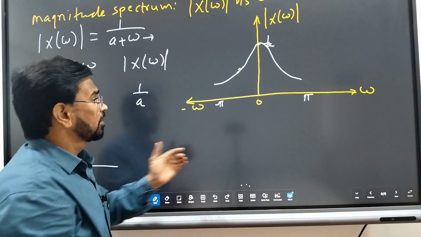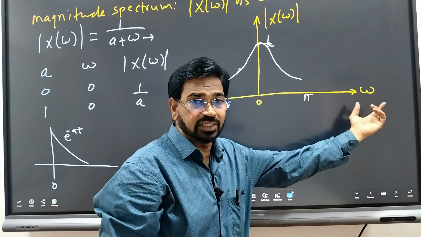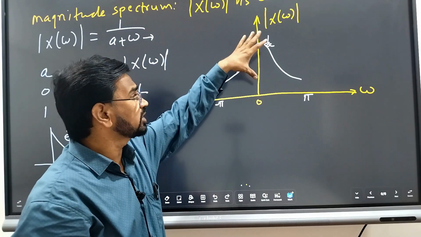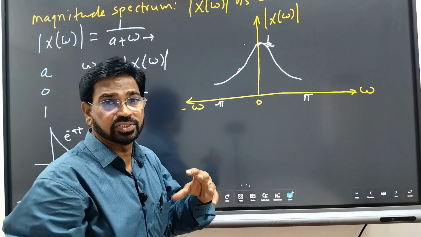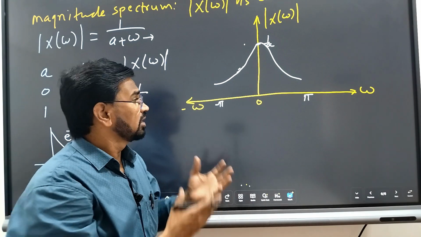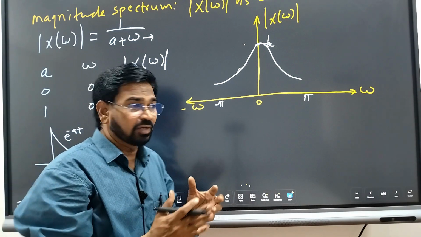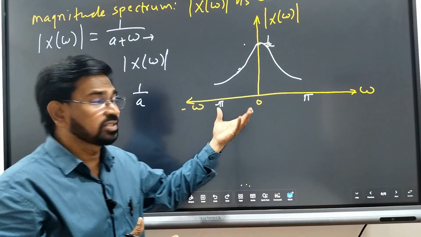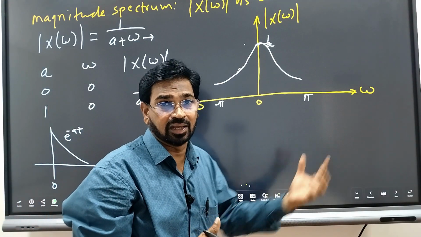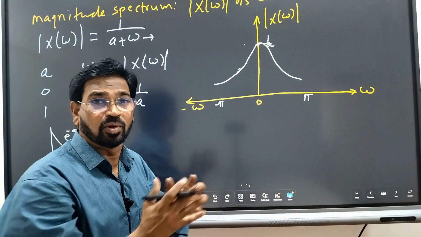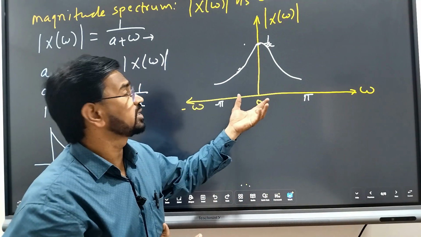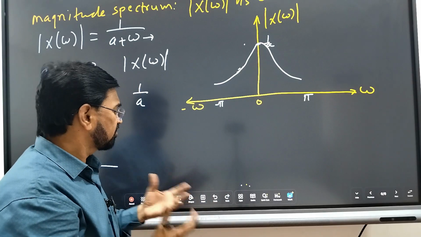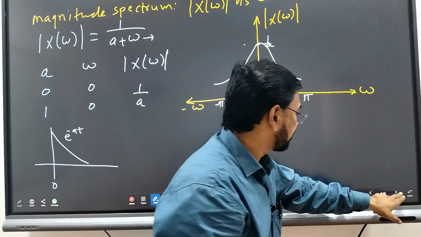What is the frequency content and what is its magnitude, and how does it change with frequency? If we know this, then when the signal is mixed with noise, we can understand what is noise, what is signal, and which frequencies need to be blocked. We can decide by looking at the frequency spectrum of the Fourier transform. Now, what is the phase of this?